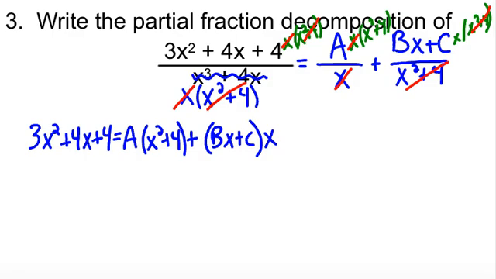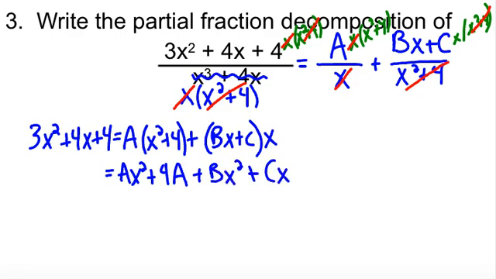Now, because of that Bx plus C, we can't let x equal things quite as easily. You still could, but it occasionally gets rather messy doing it that way. So what I'm going to do is distribute and expand the right-hand side of this. So we have Ax squared plus 4A plus Bx squared plus Cx.